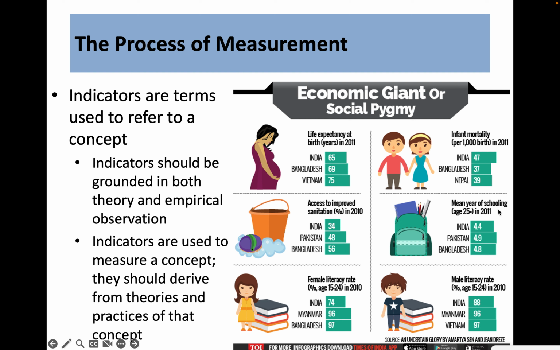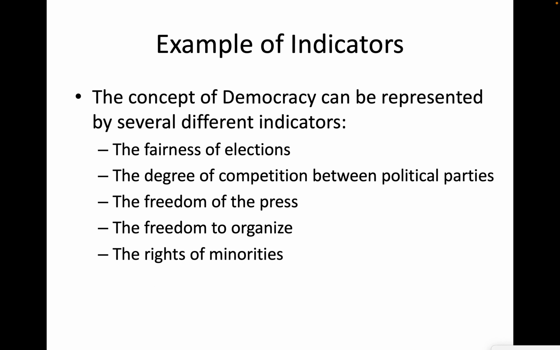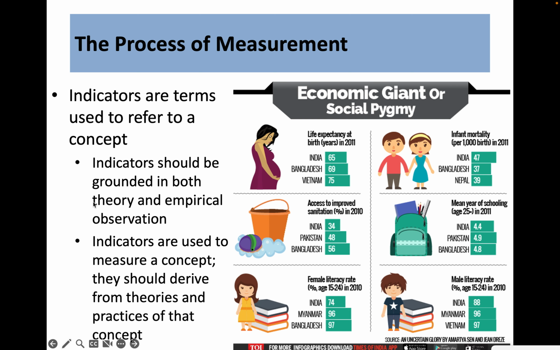Mean years of schooling above the age of 25 in 2011. 4.4 years of schooling for people above the age of 25 in India. 4.9 in Pakistan, 4.8 in Bangladesh.